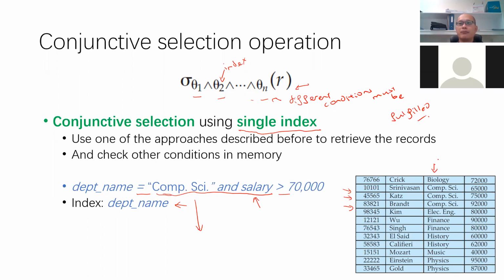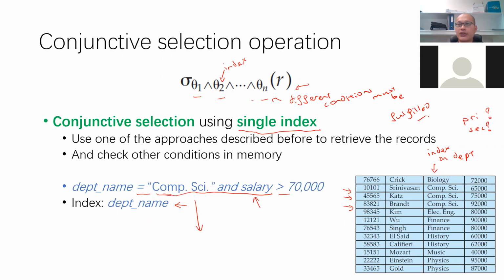So this example is if let's say we have an index on the department. Is this a primary or secondary index? What do you think? Is this primary or secondary? So let me see.